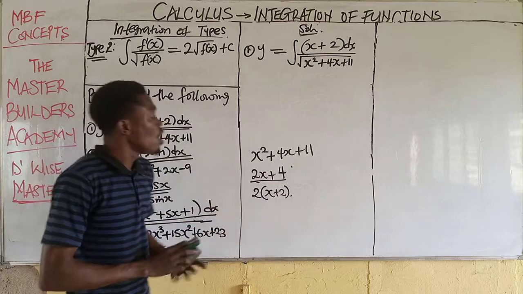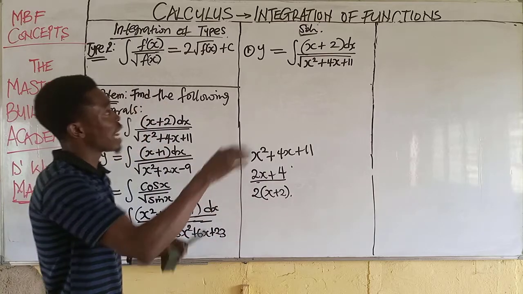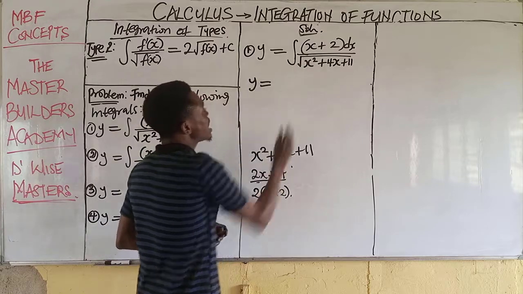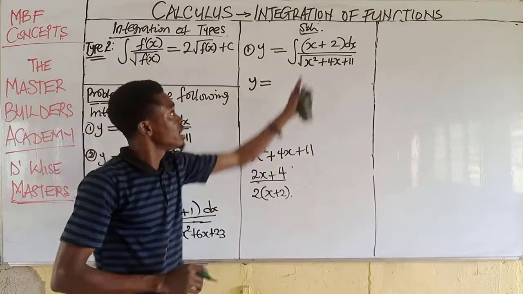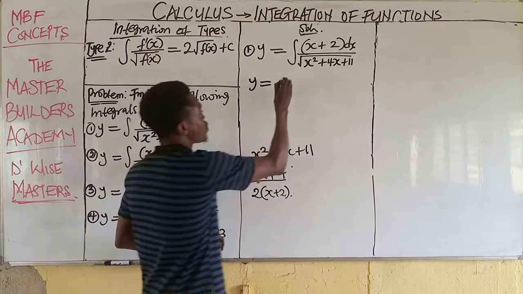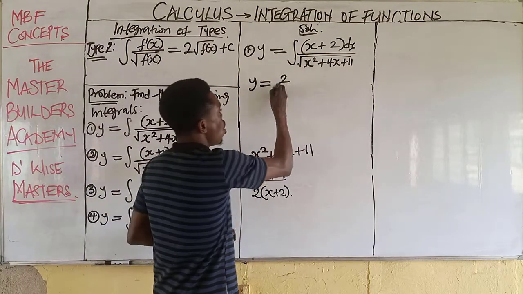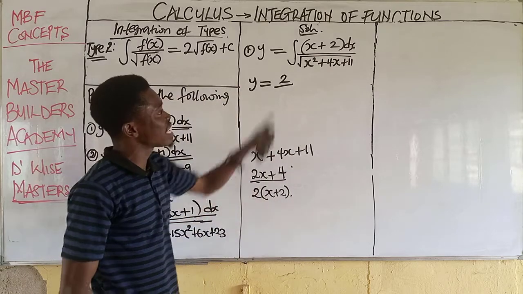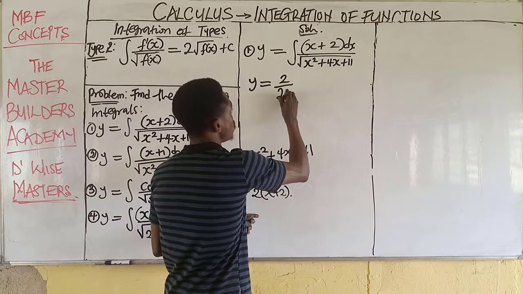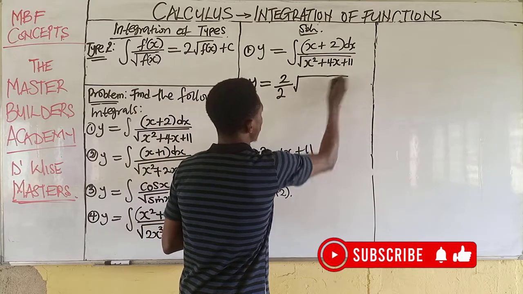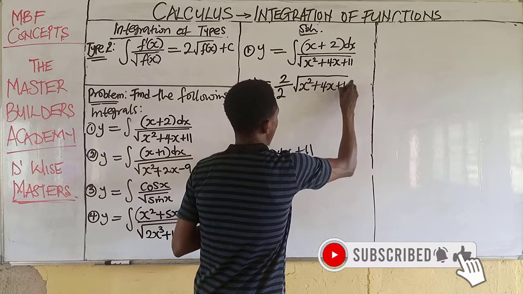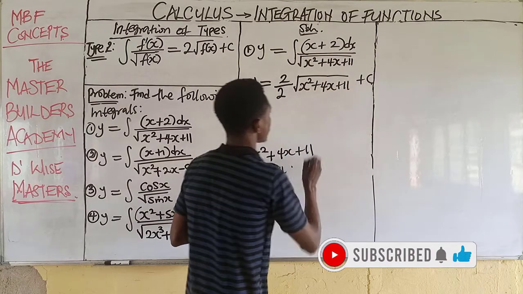That means it is true that when you differentiate the denominator, you obtain the function at the numerator. If this is valid, all I need to do is to write down y is equal to. Now the coefficient of the numerator is 1, so 1 multiplied by this 2, we are going to have 2 because this 2 is always constant, all over the coefficient of the derivative of the denominator, which is 2, over 2, then the square root of the denominator, x squared plus 4x plus 11, plus c.